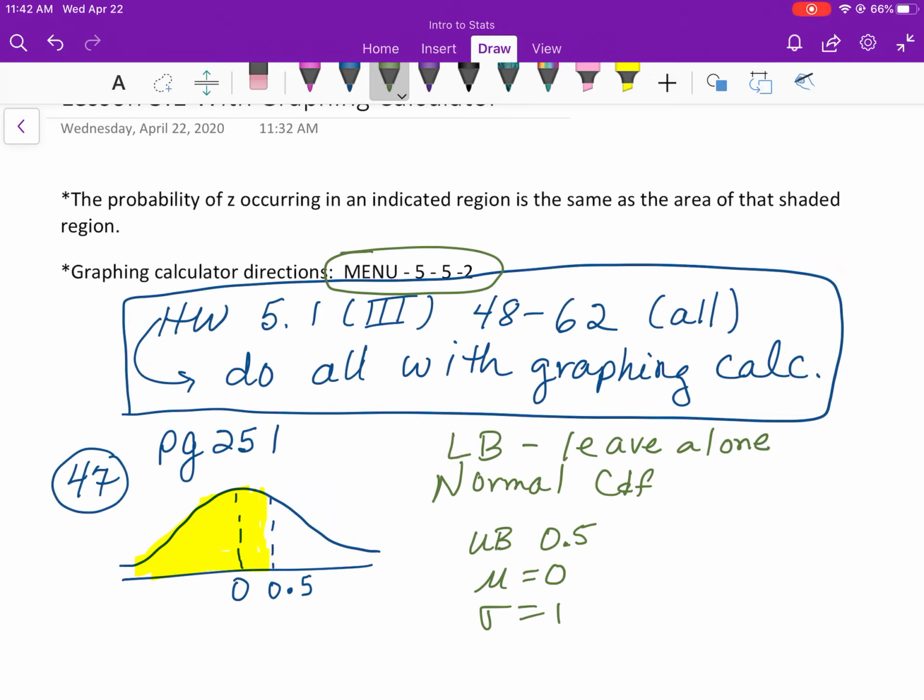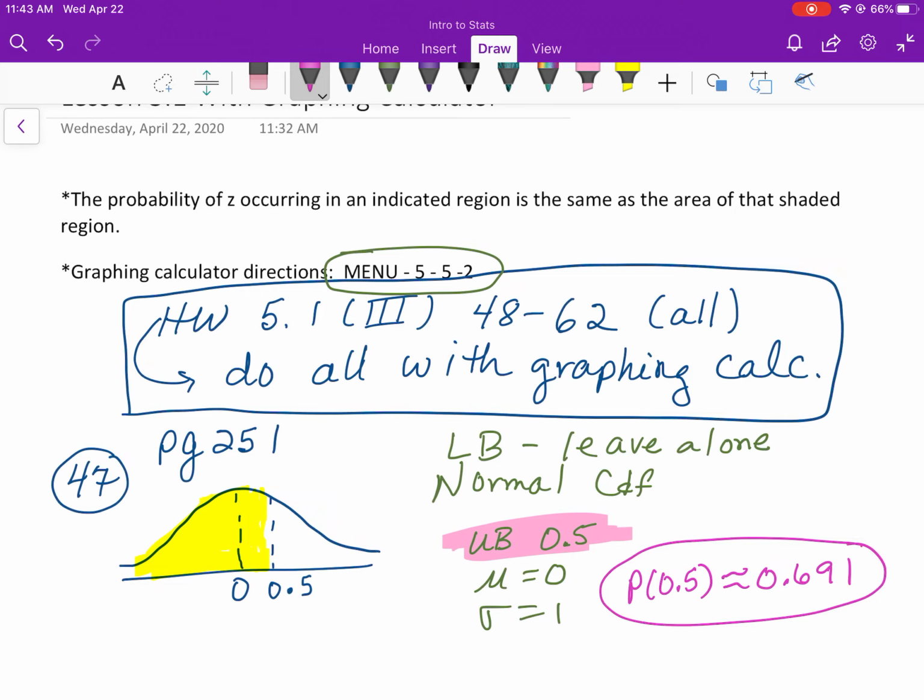You're only entering something for the upper bound when you go to your calculator. So I'm going to go ahead and put that in, and then I'm going to tab down to OK. And I get an area or a probability of about 0.691. So what I need you to do again is just round that to 3 decimal places.